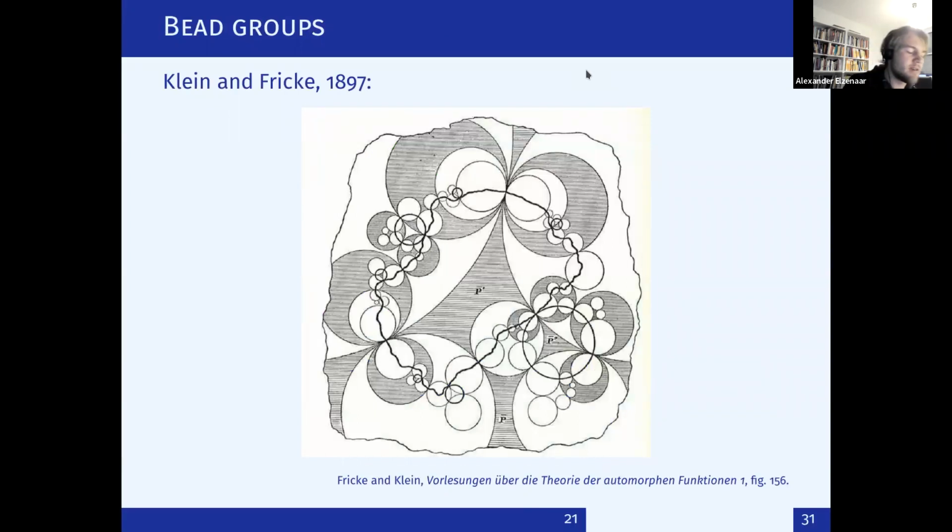Here's an old example from 1897, and this is from a book by Fricke and Klein on automorphic functions, which I have got some slides on, but I don't have time to talk about them today.